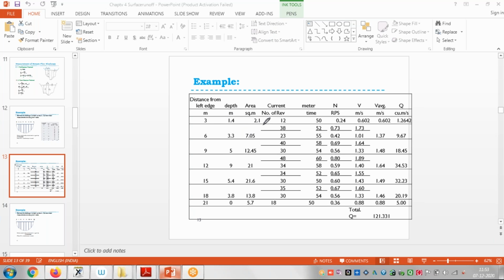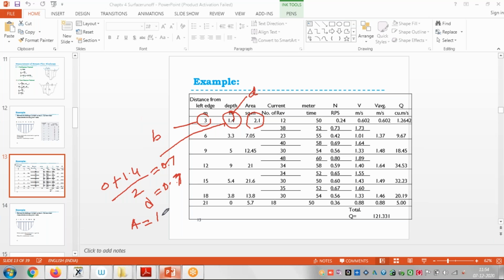So how has this area come? We know the breadth, this is B, right? And this is depth, D. And how has this depth come? This depth is taken as 0 plus 1.4 divided by 2, which is equal to 0.7, and this 0.7 is our depth, and we know for the rectangle the area is b into d, right?